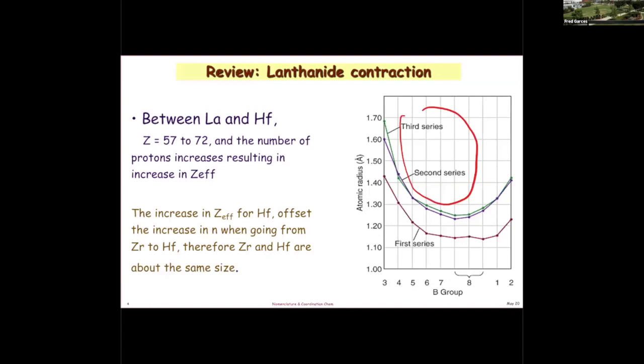Actually, not so much the second, but the third row: the lanthanide series pulls the electrons closer and collapses the electron cloud. So it's called the lanthanide contraction. Okay, lanthanide contraction.